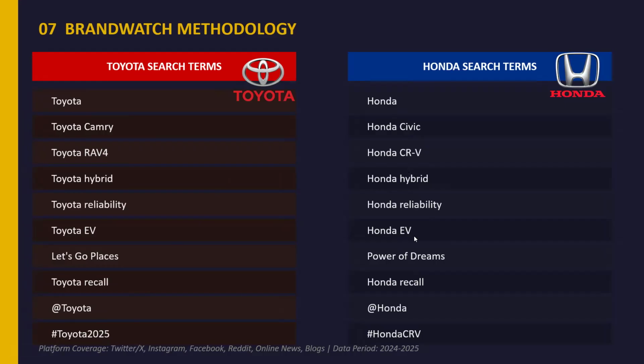I included their brand tagline, The Power of Dreams, and social handles as well: @Honda, hashtag Honda CRV, and again a Honda recall query to track the negative narrative. This data was pulled from Twitter, or X, Instagram, Facebook, Reddit, online news sources, and blogs, covering the period of 2024 through 2025.